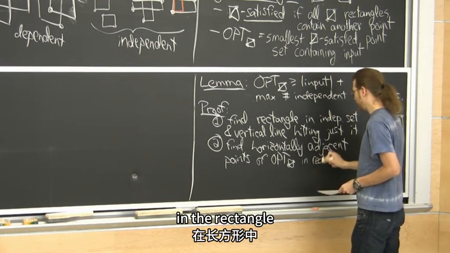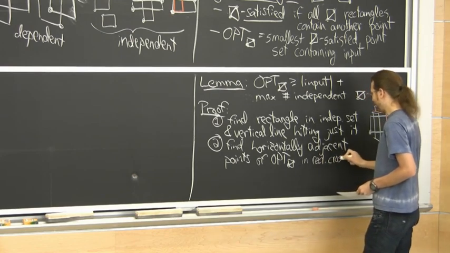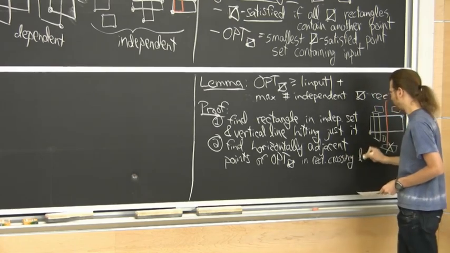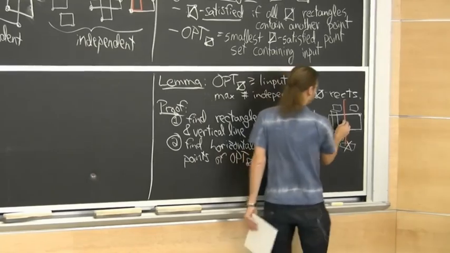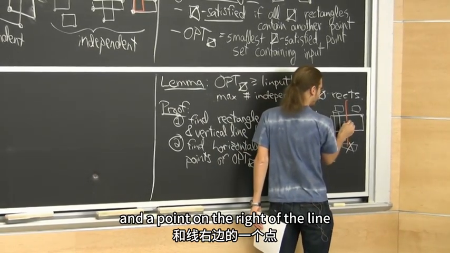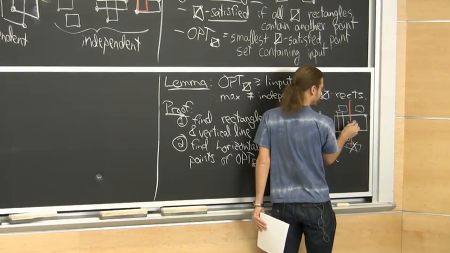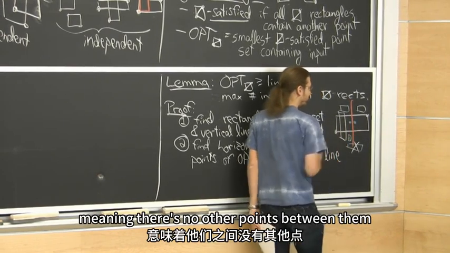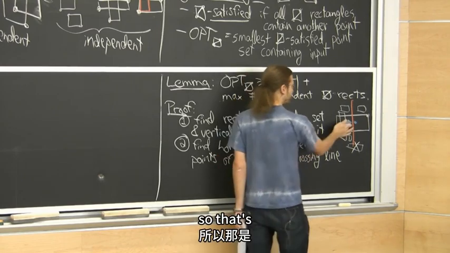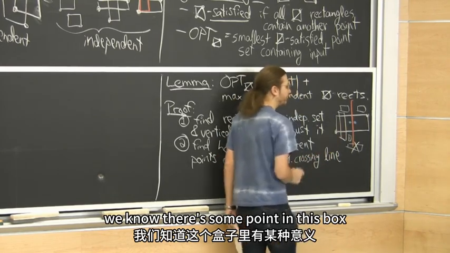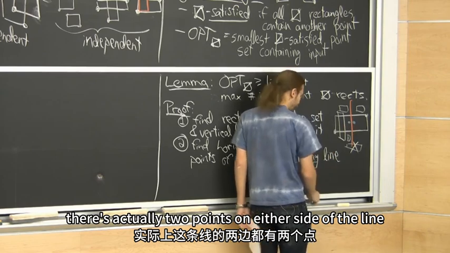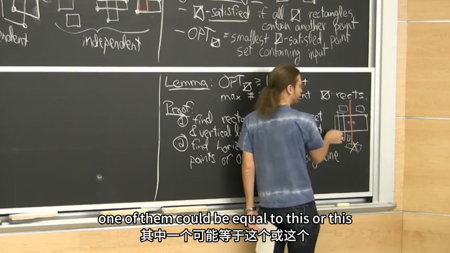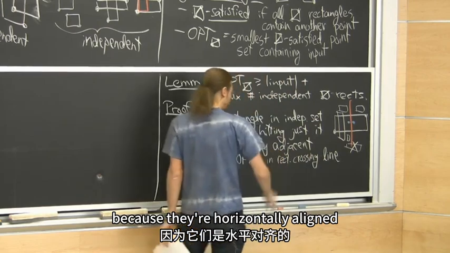In the rectangle crossing the line. Okay, let me get another color. So we're going to find a point on the left of the line and a point on the right of the line. And they're horizontally adjacent, meaning there's no other points between them. So we know there's some point in this box, and because this is a plus box, it's got to be satisfied somehow, and I claim there's actually 2 points on either side of the line. One of them could be equal to this or this, but not both, obviously, because they're horizontally aligned.